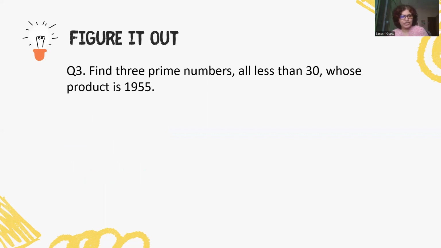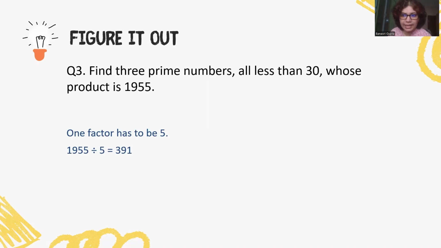The next question is, find 3 prime numbers all less than 30 whose product is 1955. We know that one factor has to be 5 because the last digit is 5. So one of the prime numbers is 5. Let us divide 1955 by 5. We get 391.